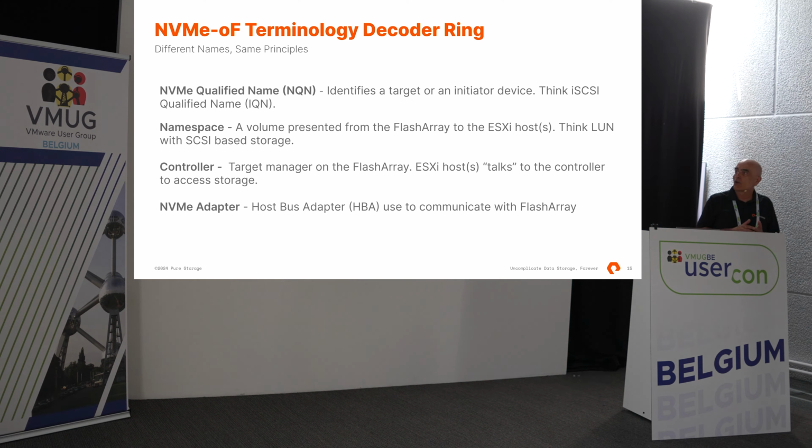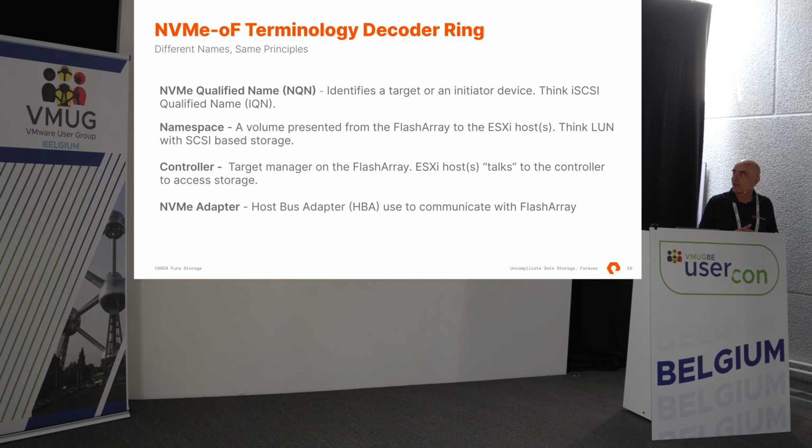Then you have the controller. The controller is the target. It can be thought of as the former iSCSI or Fibre Channel target. In our case, it manages the endpoint, which is the flash array, and it is the way the ESXi hosts talk to the target that provides the volumes.